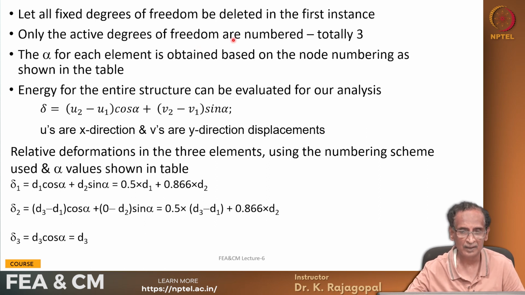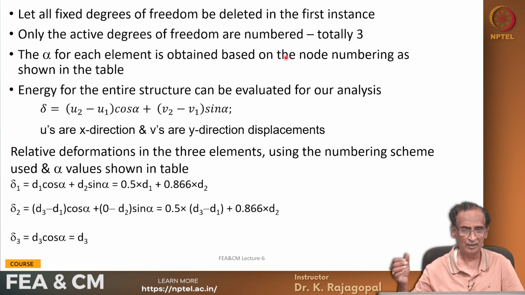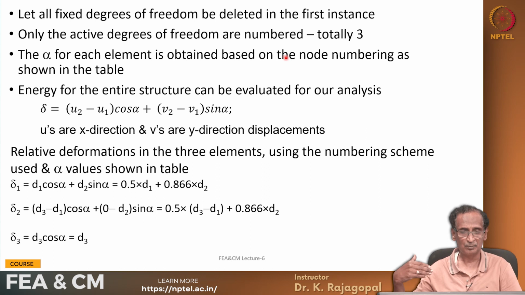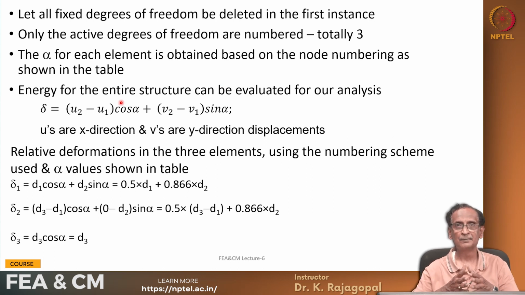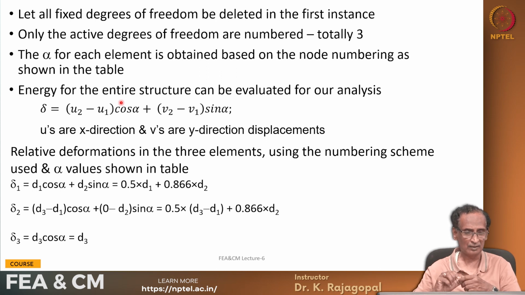So, we have a total of 3 active degrees of freedom, and the alpha for each element is obtained based on the node numbering scheme that we have adopted, and the energy for the entire structure can be evaluated in terms of our axial deformation delta, (u2 minus u1) cosine alpha plus (v2 minus v1) sin alpha. This is the generic equation, and for each of these elements we can get the relative deformation delta.